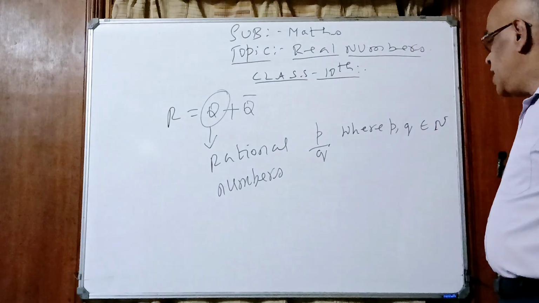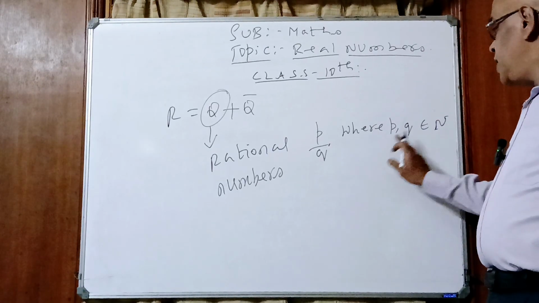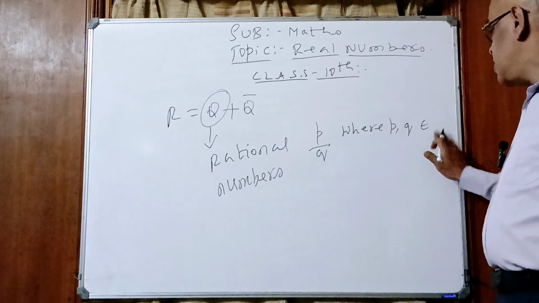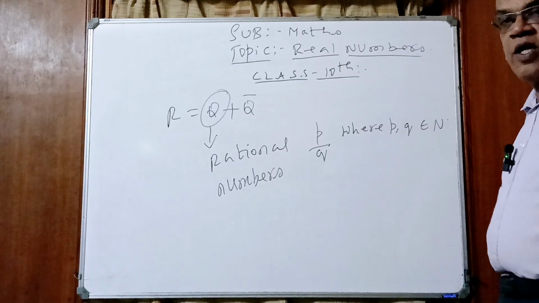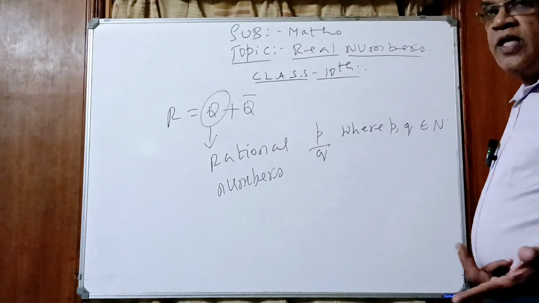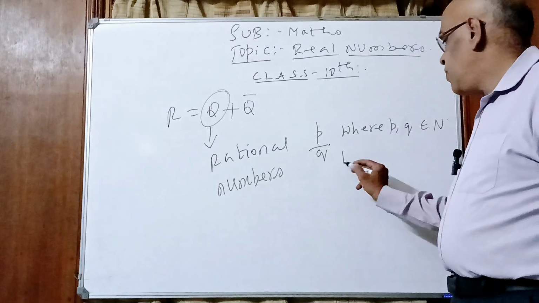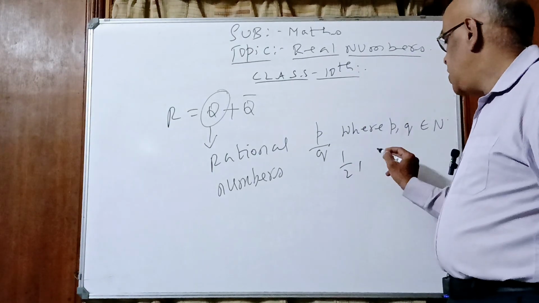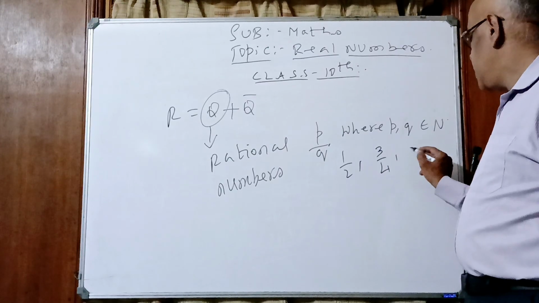P and Q are integers, but we put the condition Q should not be 0. If I say P and Q belong to N, the set of natural numbers, then I don't put the condition for Q. What are natural numbers? The smallest number is 1. 0 doesn't appear. Yes or no?